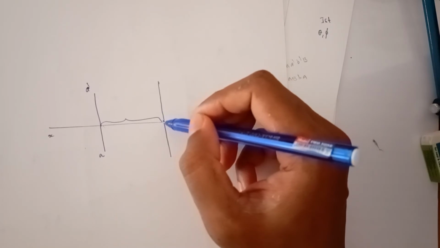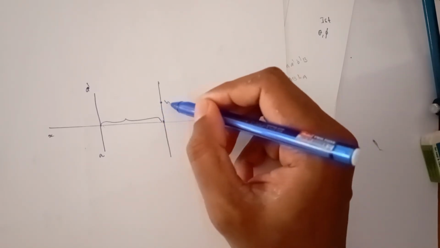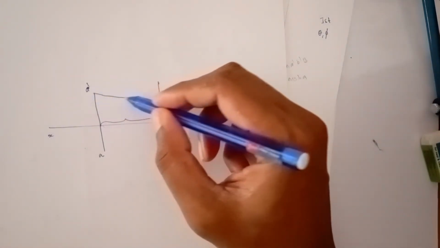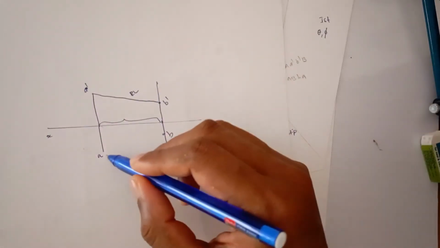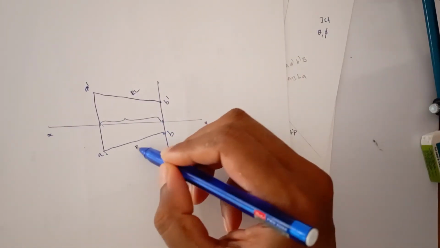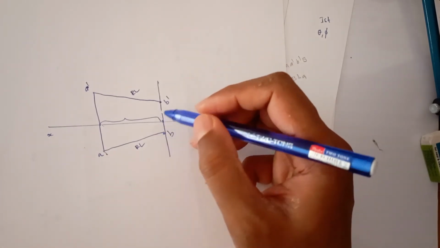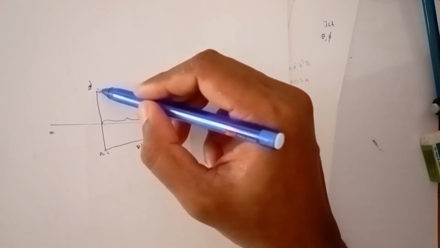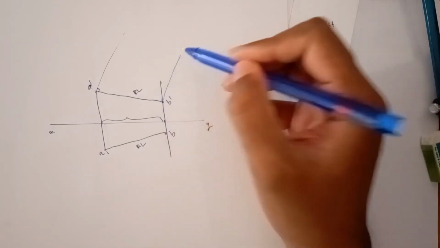Suppose B is given, some distance above the XY line, above HP B dash, and some distance in front of VP B. So this is your front view reduced length, and this is your top view reduced length, the actual front view and actual top view. And what about the true length? For the true length, you need to draw a perpendicular line from here, and also a perpendicular line from here.